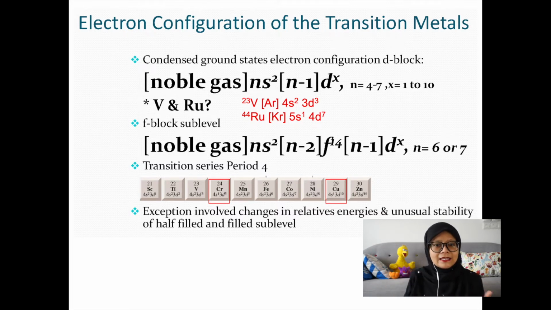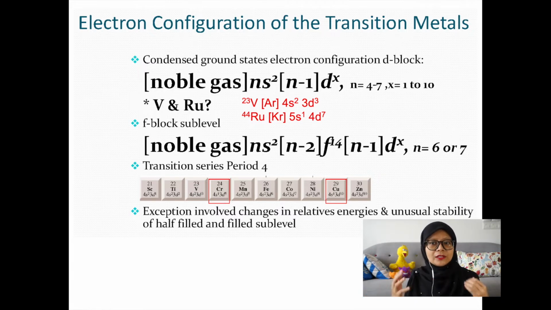First, you need to determine which noble gas is the closest one to the metal. Then it will be followed by the ns2 and also the d orbital.